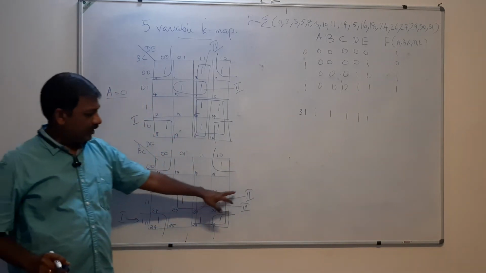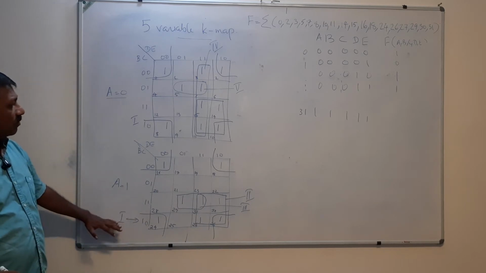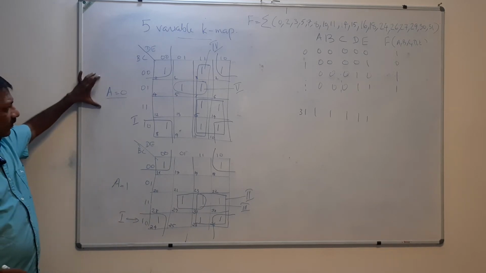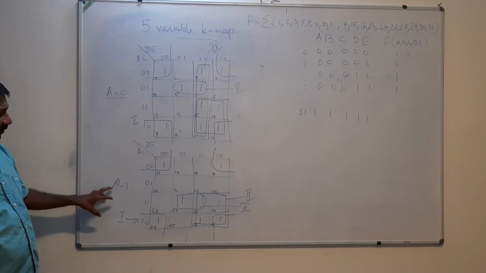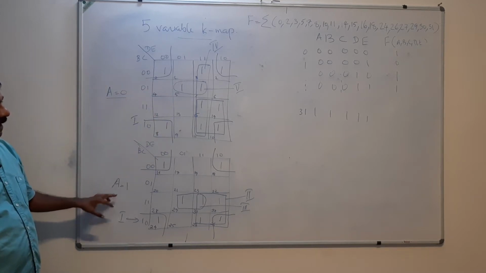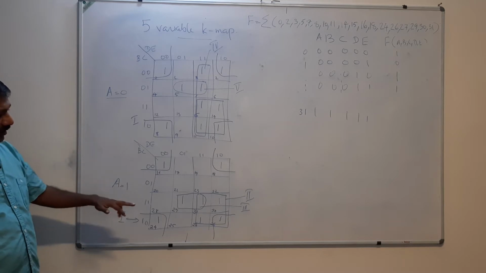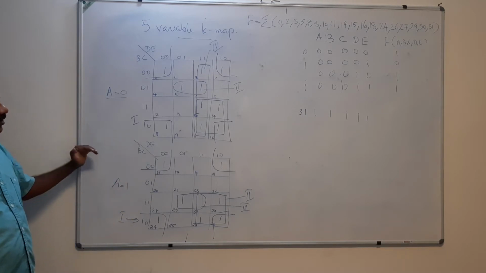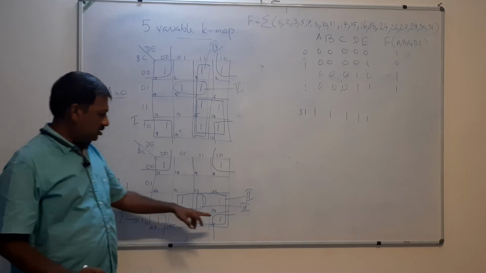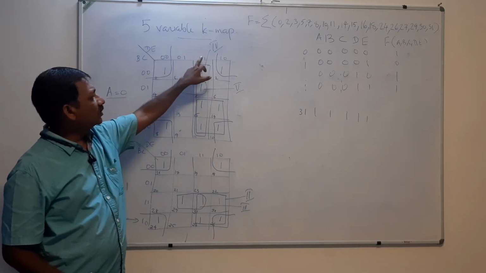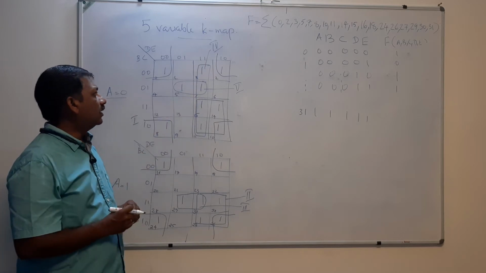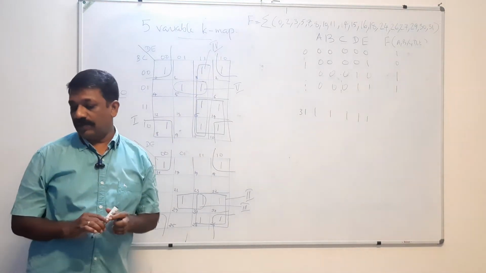1 and 2 are common for both: the first map which has A equal to 0, and the second map which has A equal to 1. The third one is for the second table only. The fourth and fifth are for the first table only.